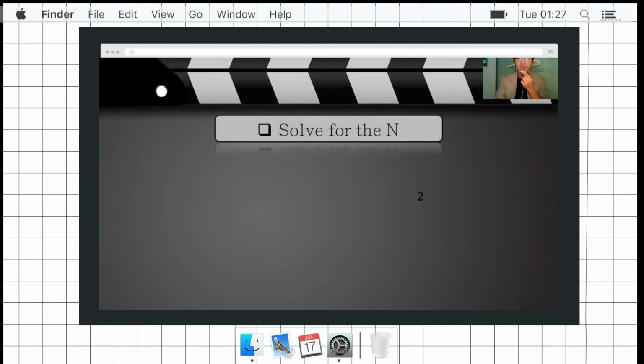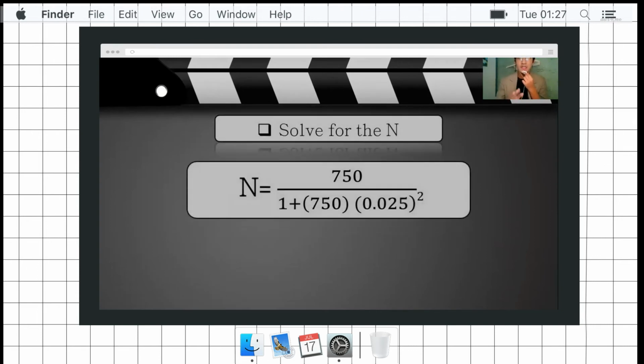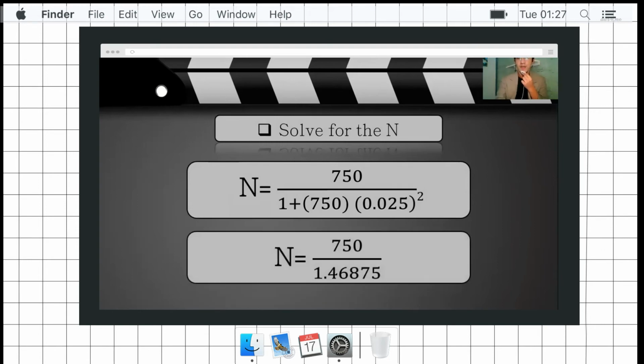Next is to solve for n: n equals 750 over 1 plus 750 times 0.025 squared. So we are going to multiply the denominator so that we can get the answer.